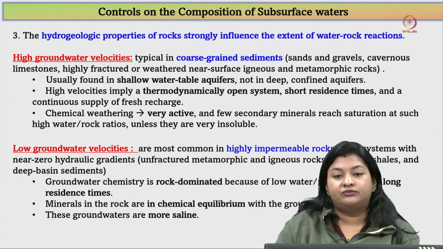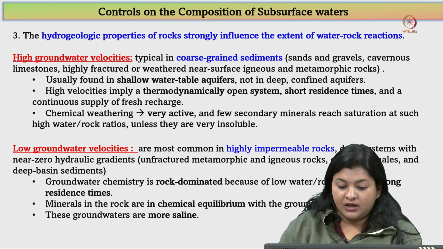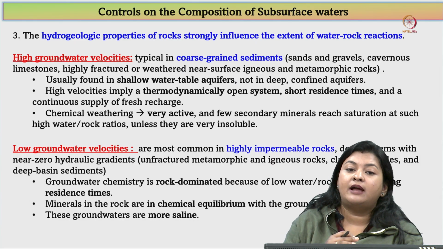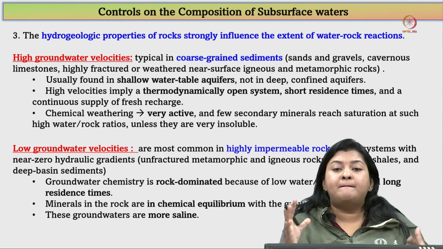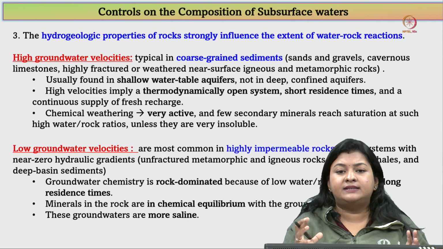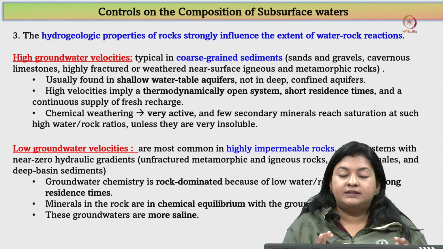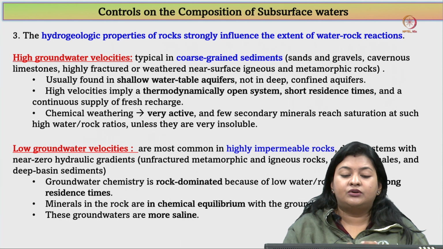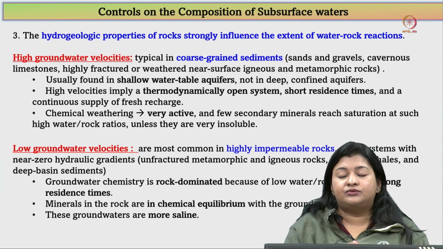Just the opposite of this is the low velocity kind of system, where the rocks are very impermeable. Okay, that means they are very compact. If they are sediments, then you will see that they are extremely compact sediments, and they do not have any fractures or cracks, and the hydraulic gradient is very close to 0.